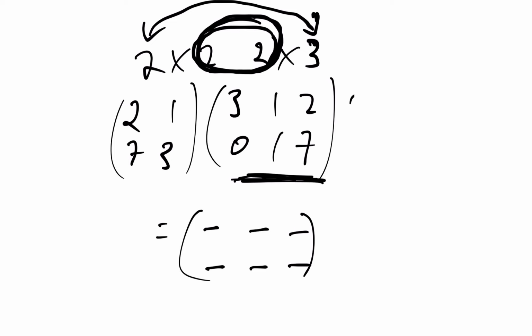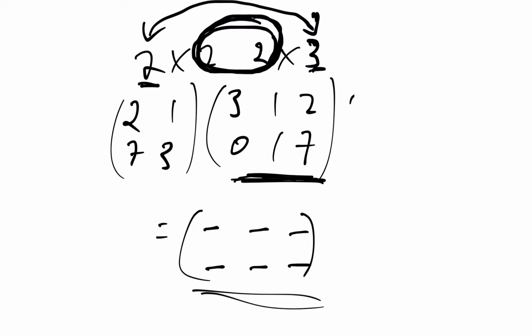Then going forward, we want to determine the order of the answer, the product of the matrices. To determine that, you now use the outer values, which is 2 and 3. We now know that your answer will be a 2 by 3 matrix. So we are expecting something like this.